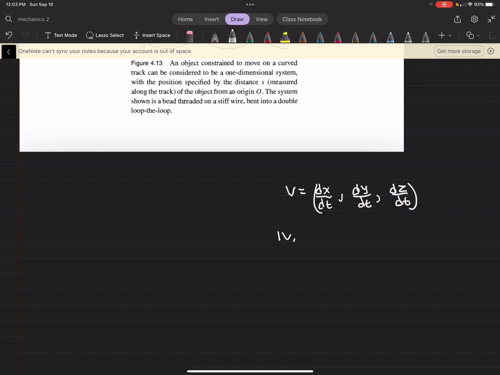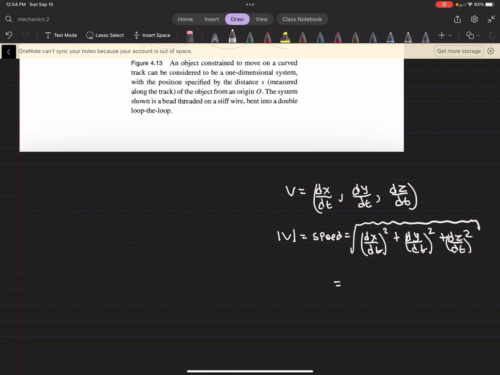And the speed, which is just the magnitude, is the square root of (dx/dt) squared plus (dy/dt) squared plus (dz/dt) squared. And even though it's not actually a fraction, it does end up working out this way, that we can write it as the square root of dx squared plus dy squared plus dz squared, all over dt.